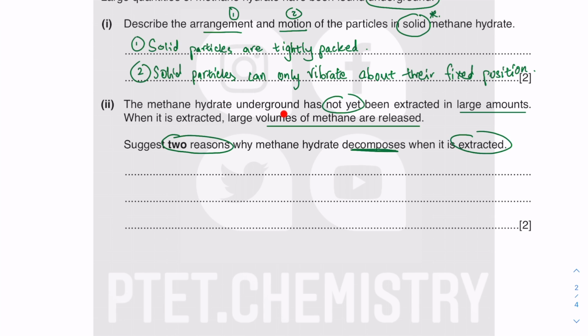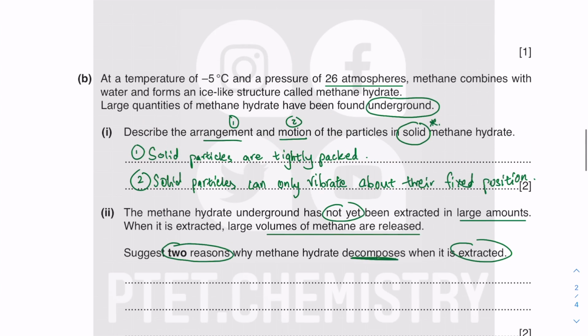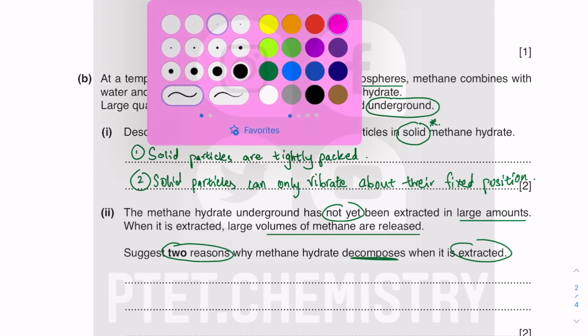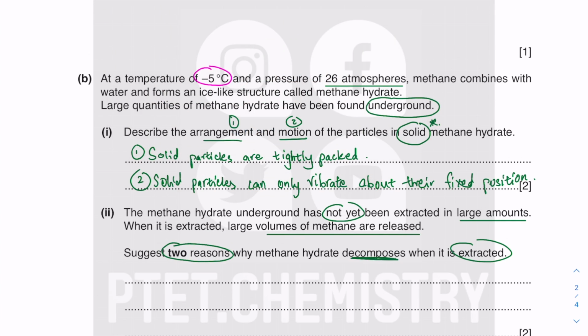When we extract it from underground, we are bringing it to our level ground. Okay, so we are bringing it up onto our level ground. Our level ground is not going to have this temperature. Look at this, at the temperature of this, at this pressure, these are underground.